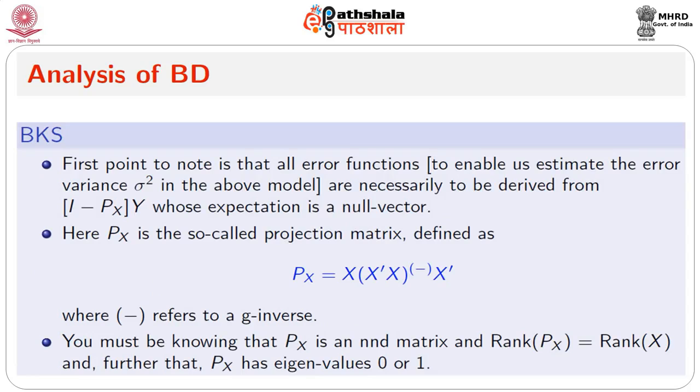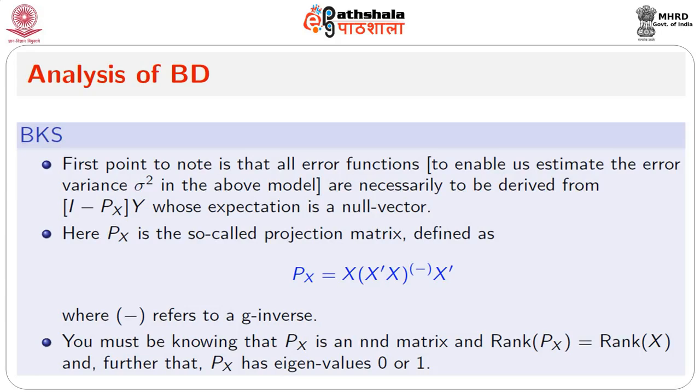First point to note is that all the error functions that enable us to estimate the error variance sigma square in the above model are necessarily to be derived from I minus Px times y, whose expectation is a null vector. This P is very famous in the context of linear models. It is called the projection matrix.